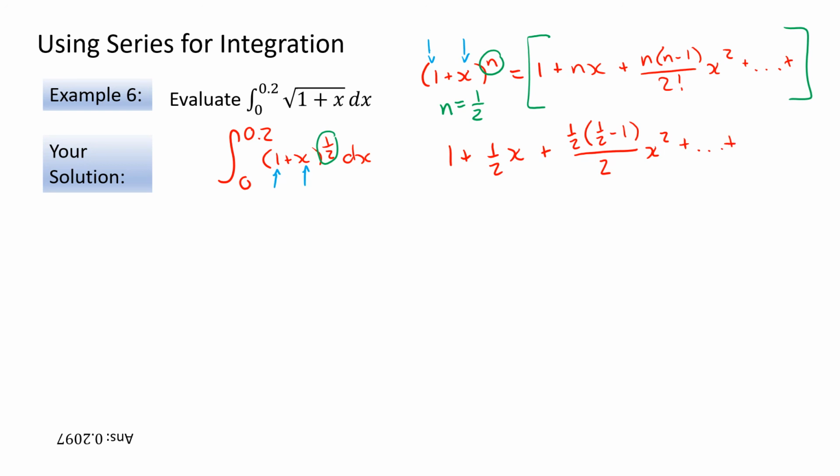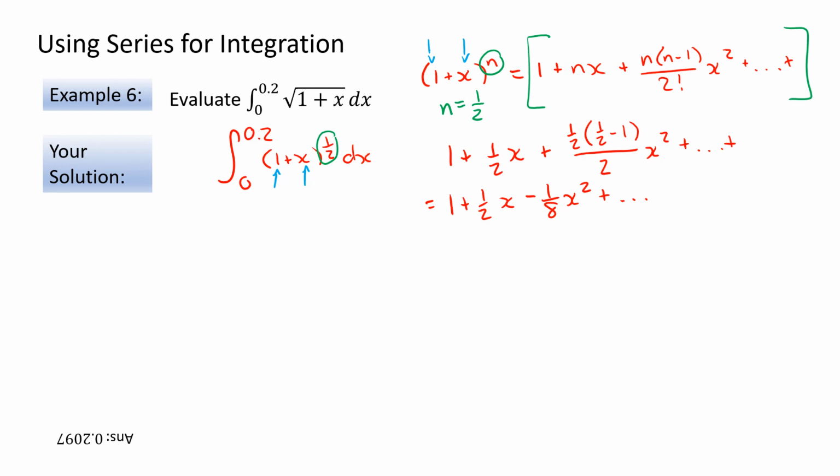Okay, if we simplify this, we get 1 plus 1/2 times x. The next term, you get 1/2 times 1/2 minus 1, which is negative 1/2. That gives you negative 1/4 divided by 2, which gives you minus 1 over 8 x squared. Then you have your remaining terms.